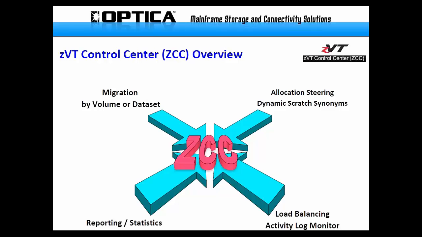You want to make sure that when you're going to read a tape volume, it gets allocated to the right type of device, and from a library in which the volume actually resides, rather than somewhere where it can't be mounted.